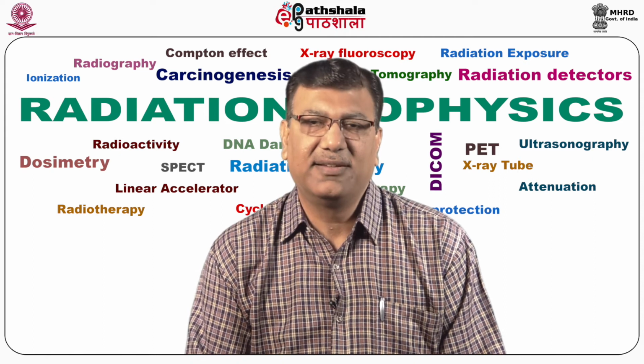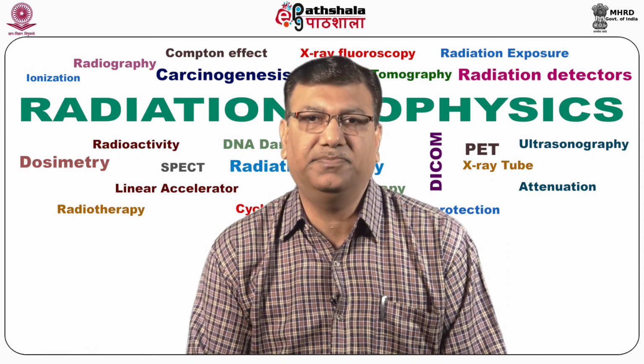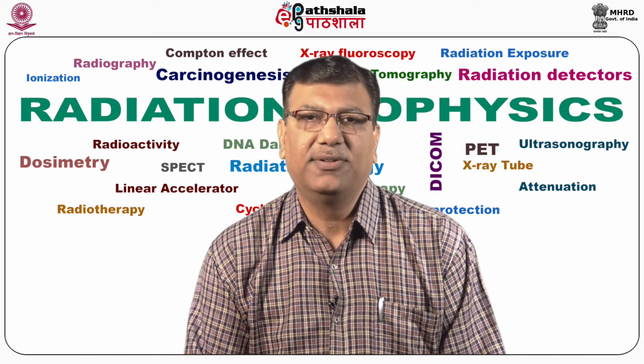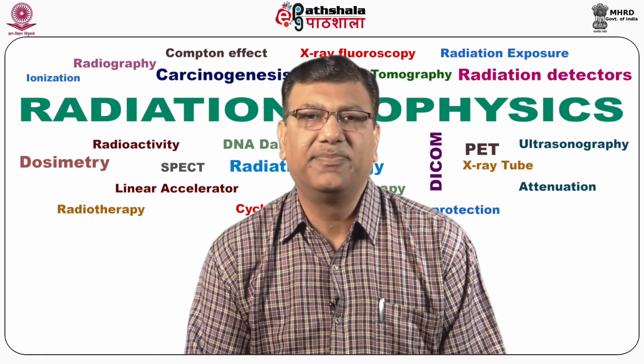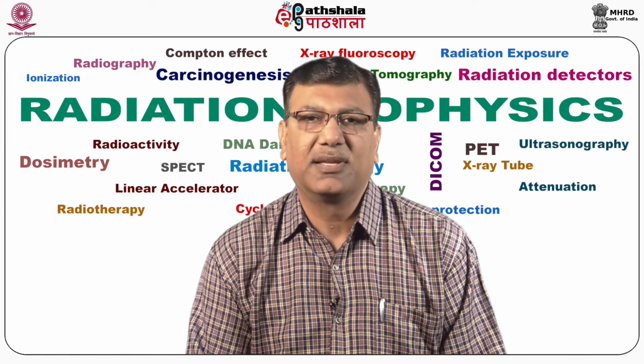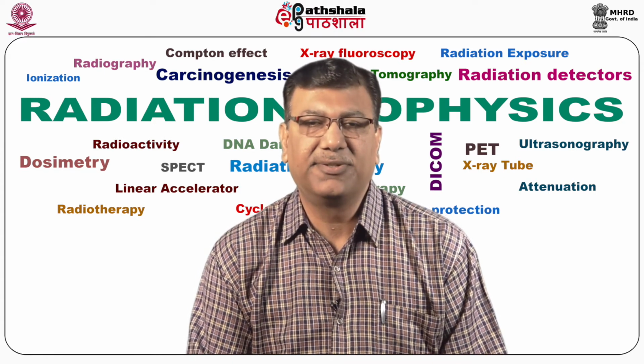In earlier days, it was a simple photon beam coming out from the linear accelerator, and later on changes have been made. Now an electron beam also comes along with photons of different energies.